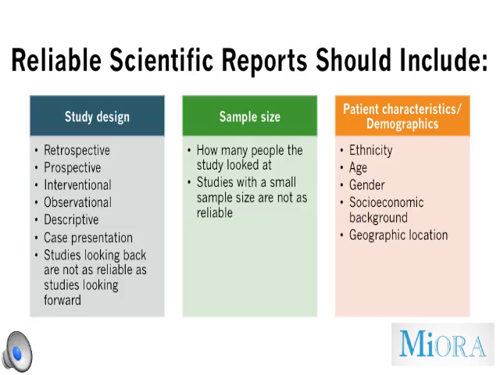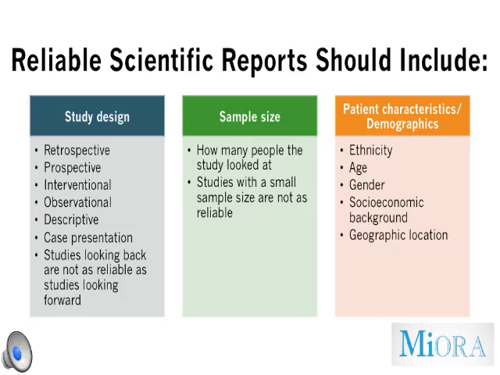Sample size. How many people did the study look at? Studies with a small sample size are not as reliable. Patient characteristics and demographics. This includes ethnicity, age, gender, socioeconomic background, and geographic location.